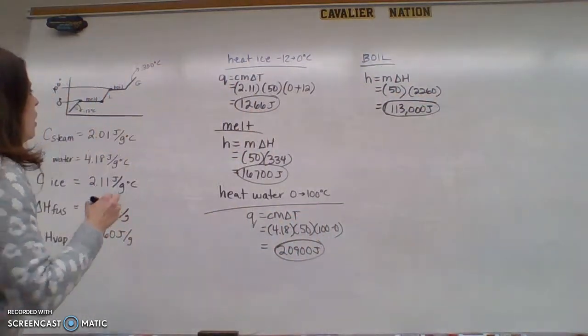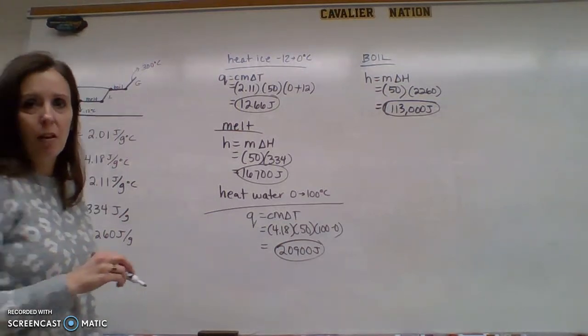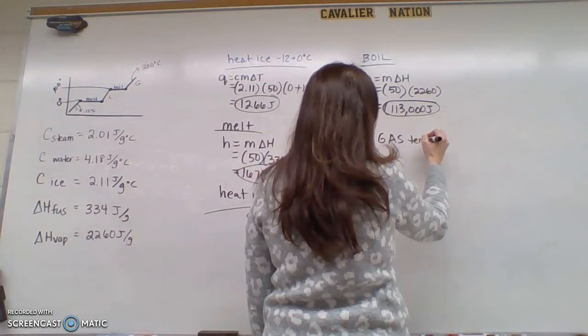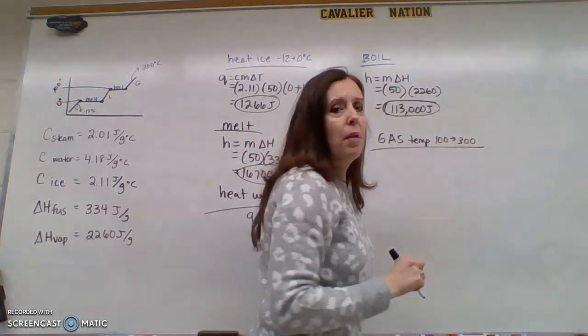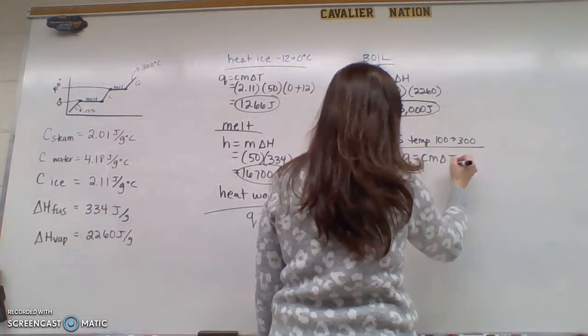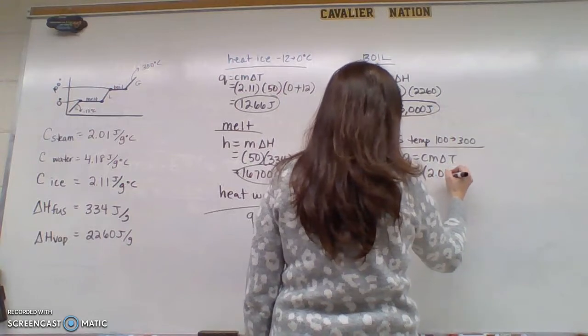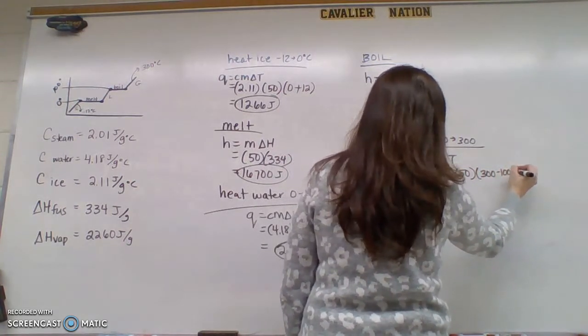So right now, I have a gas. I'm at 100 degrees Celsius. I need my gas to be at 300 degrees Celsius. So gas temp from 100 to 300. I'm not changing state. Q equals Cm delta T. The specific heat of steam is 2.01. The mass is 50. The change in temperature is there.